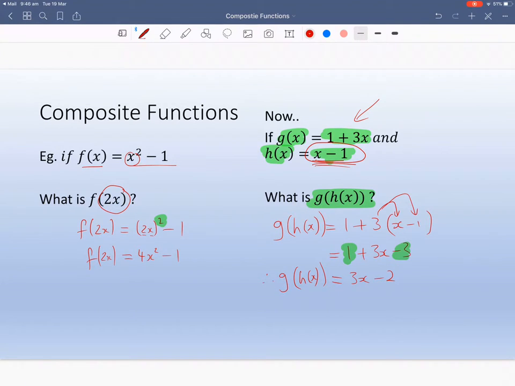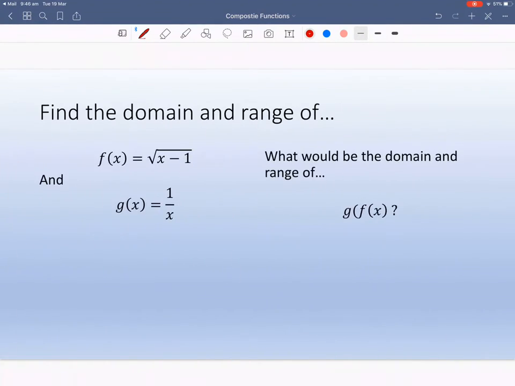All right, let's look at the second part of this, and that's the domain and range part. Let's find the domain of this one, f of x. Well, I know that in the real domain, we can't have negative numbers underneath the square root, but we can have 0. So I'm going to go f of x equals square root of x minus 1. So for domain, x minus 1 is greater than or equal to 0, because it has to be positive.